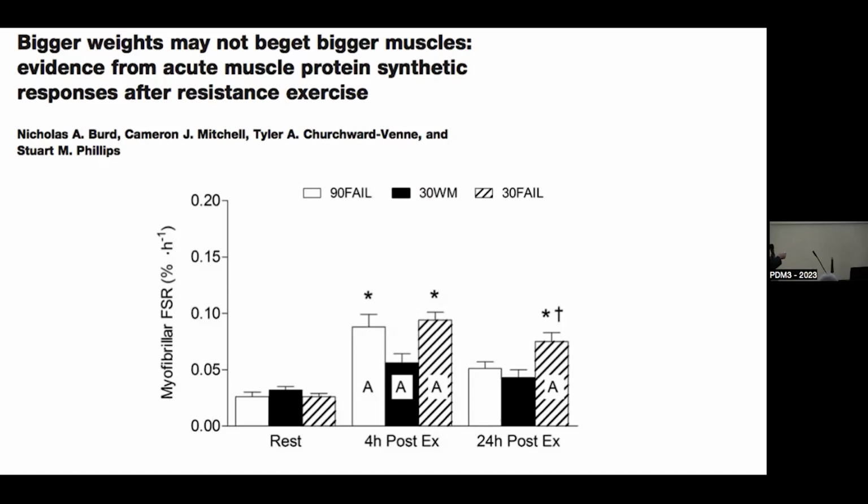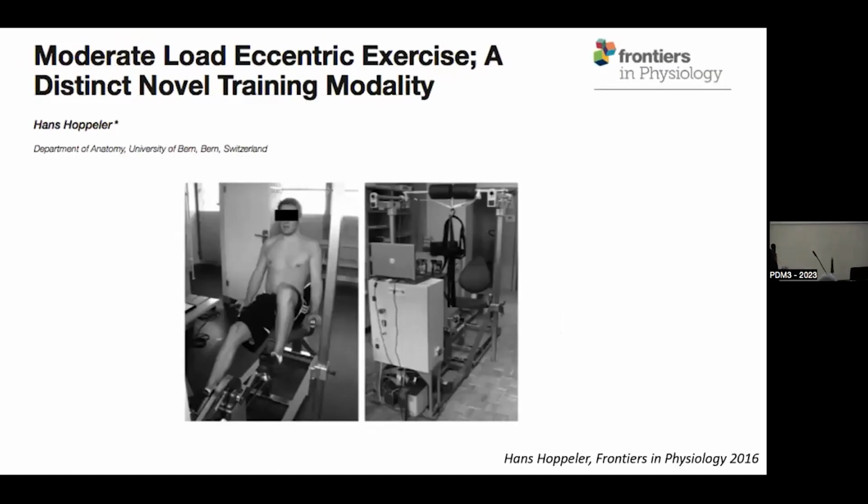And regarding the protein synthetic response of muscle measured by the myofibrillar fractional synthetic rate, the 30% intensity was actually no different from the 90% intensity, which means that we can use lower intensities and we can also get a hypertrophic response.